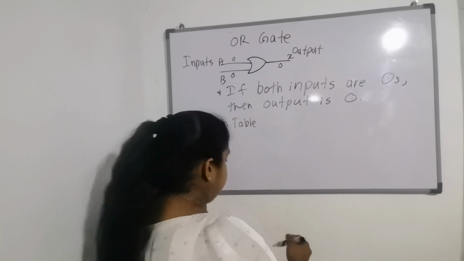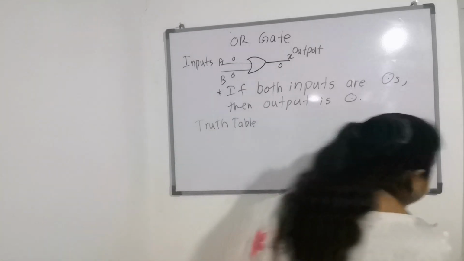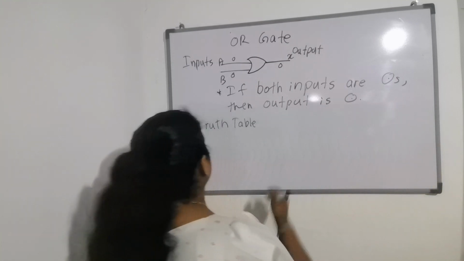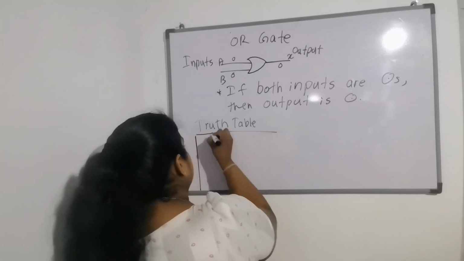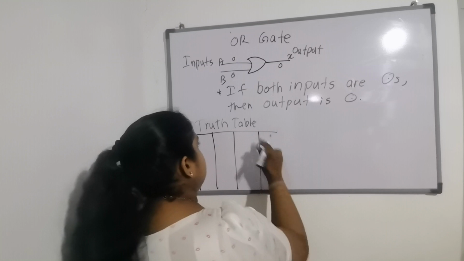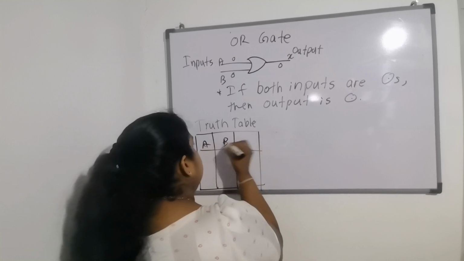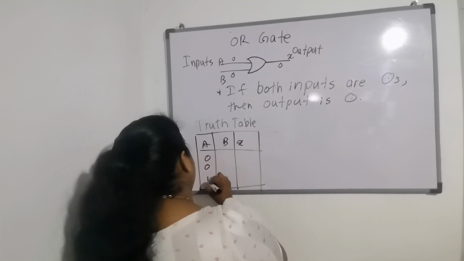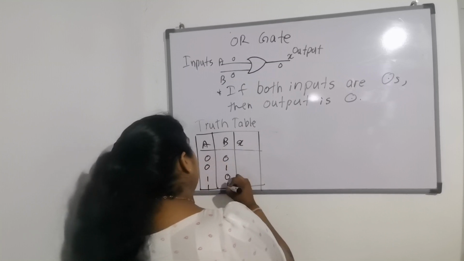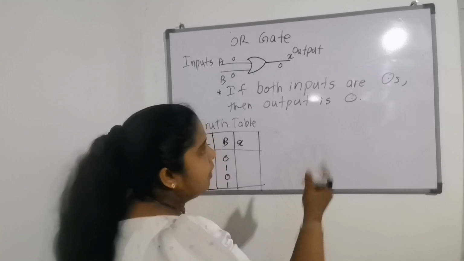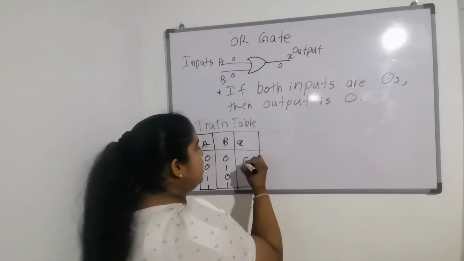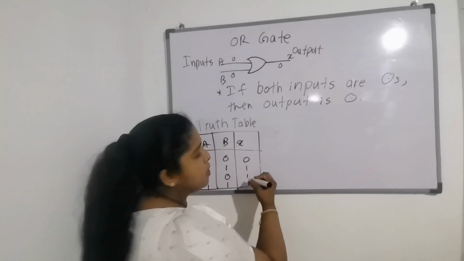We can draw the truth table like this. A, B, X: 0, 0, 1, 1 and 0, 1, 0, 1. So here, according to the main logic, 0, 0 gives 0, and all the other combinations give ones.